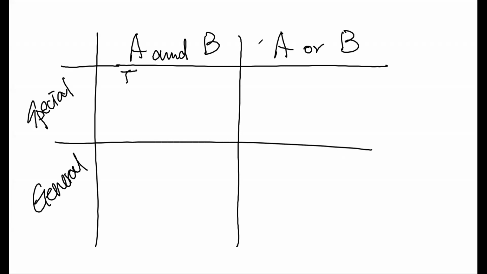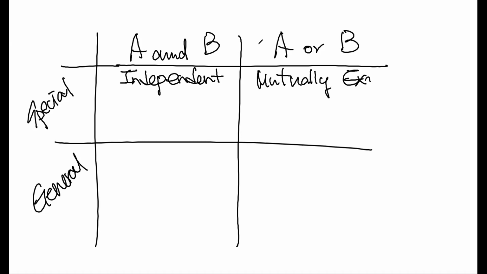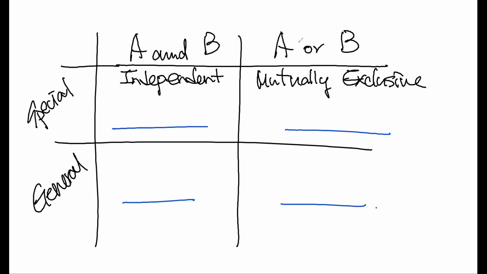When they are independent, and mutually exclusive, you can copy the formula. That's it, right? You know, when you are doing homework number 5 and 6 from chapter 4, the probability.